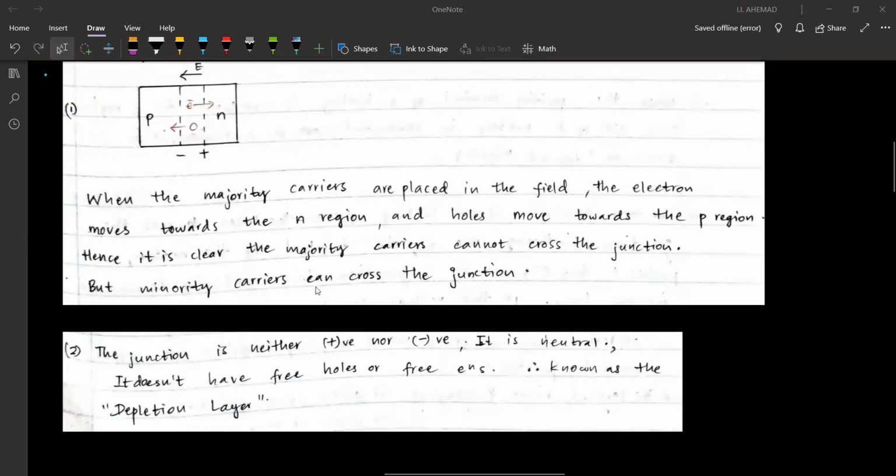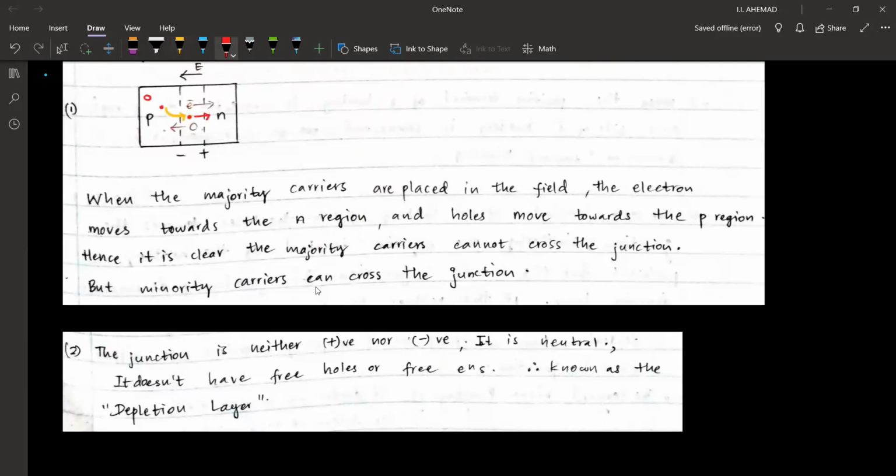And so here we have mentioned that minority carriers can cross the junction. Think on this side, on p-type, the majority is holes, but there are also free electrons. So when a free electron gets to this junction, it is automatically pushed to the other side, right?